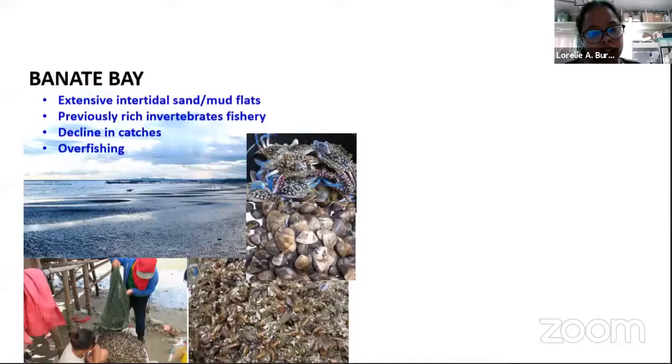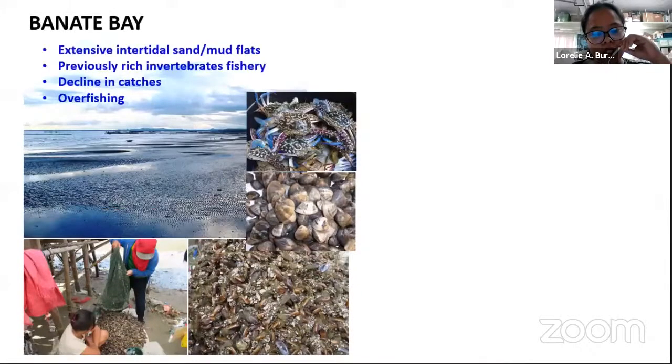Activities alone, but according to the local fishers, although no clear time frame can be defined, there has been a decline. The increase in siltation and turbidity in the area comes primarily from rivers in the area.